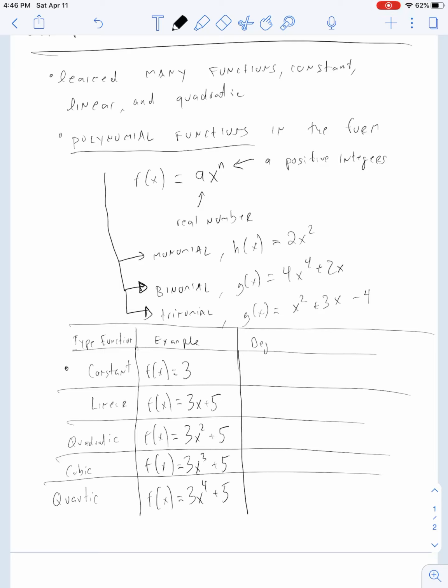You should be able to find the degree. This one is 0 because there's no exponent. This degree is 1 because that variable has no exponent. This degree is 2 because we clearly see it, then 3 and then 4. So the degree is just the highest exponent. Next, the leading term.